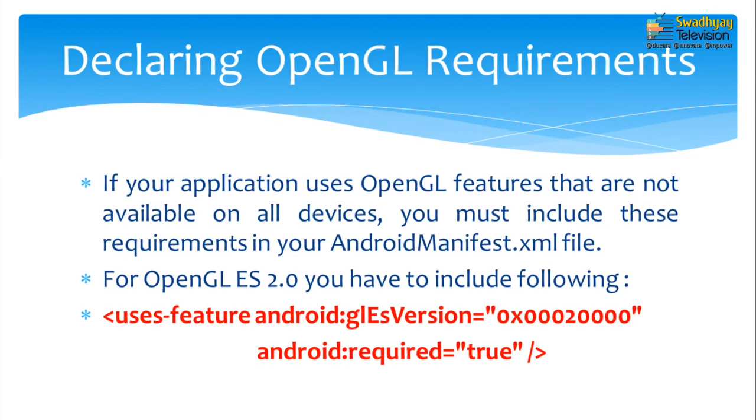Suppose I want to use OpenGL ES 2.0, then I must include the code shown in the red line with the uses-feature tag. So, you have to specify the uses-feature tag, and you have to specify android:glEsVersion, that is the version of our OpenGL ES, and then you have to specify that it is required by specifying true inside android:required.